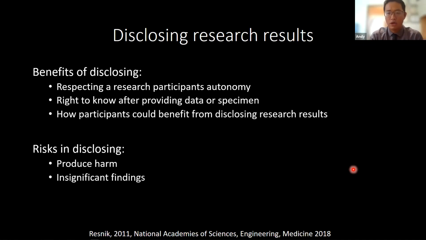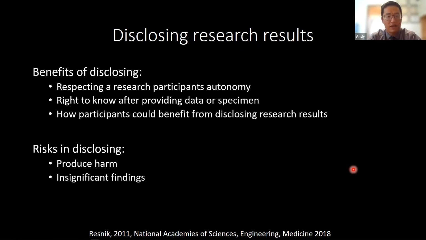There's something called CLIA certification. CLIA is just an acronym that stands for Clinical Laboratory Improvement Amendments, which I'll talk about in a little bit. But whether you disclose these non-CLIA certified results or not, I think is a big part of research results disclosure.